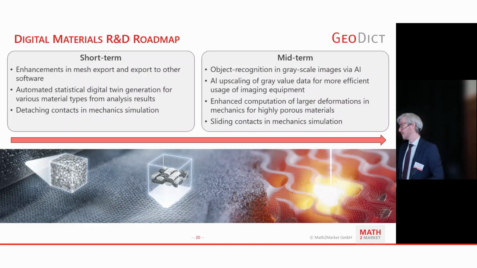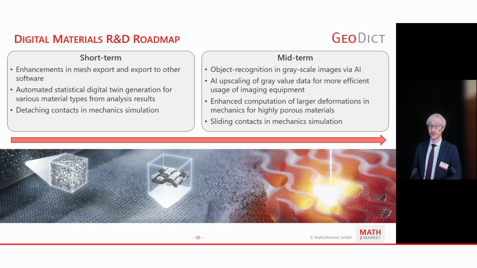For the digital materials roadmap, in the short term, we want to enhance the mesh export and the export to other software. Then the automated statistical digital twin generation for various material types, as I said, for example, for fibrous materials, and the detaching of the contacts in mechanics simulations.